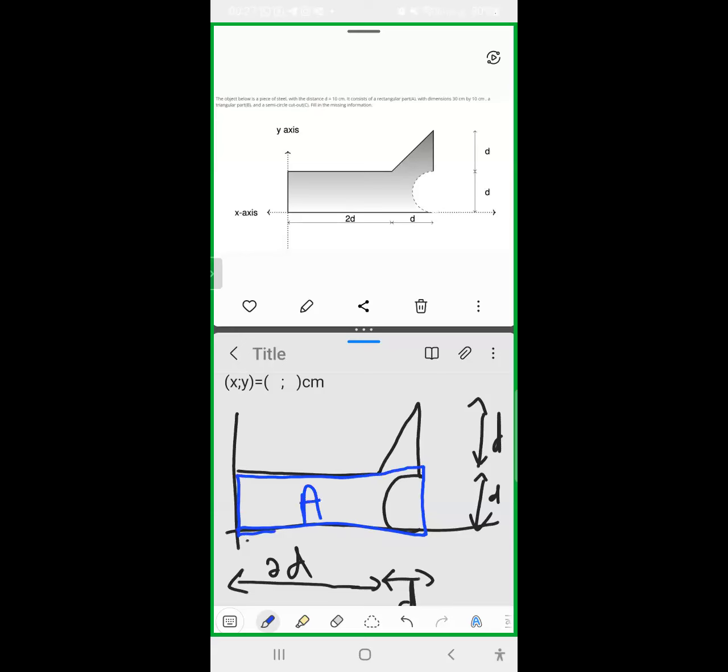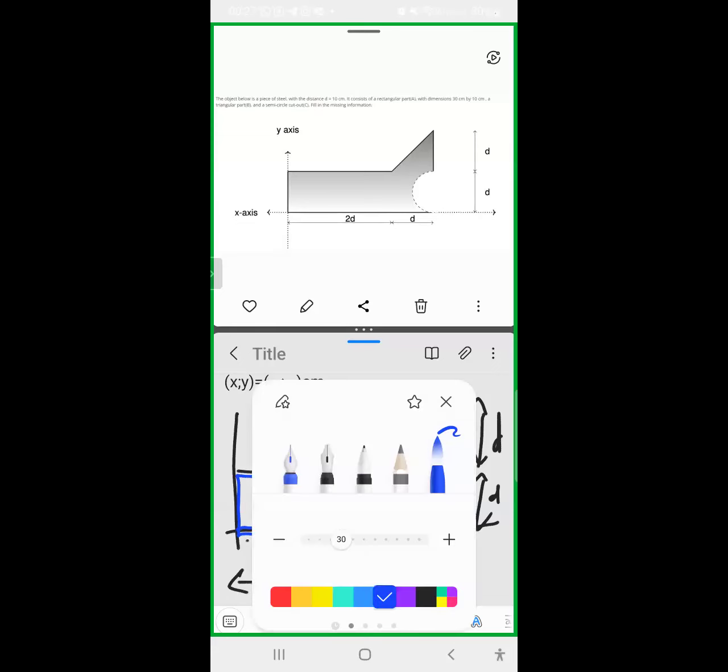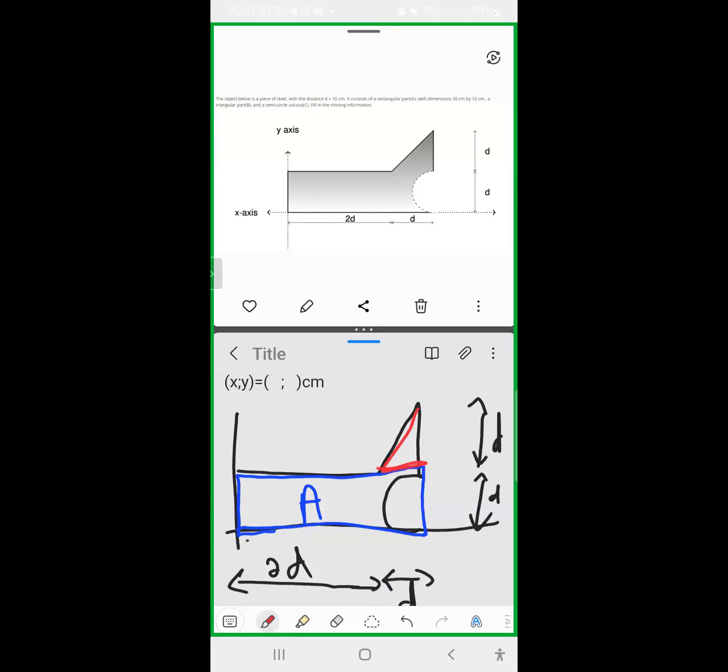And then it also consists of a triangular part. We only have one triangular part here, which is a right angle triangle at the top here. It's part B. And then we also have a semicircle which is a cutout, and we can see it's here.